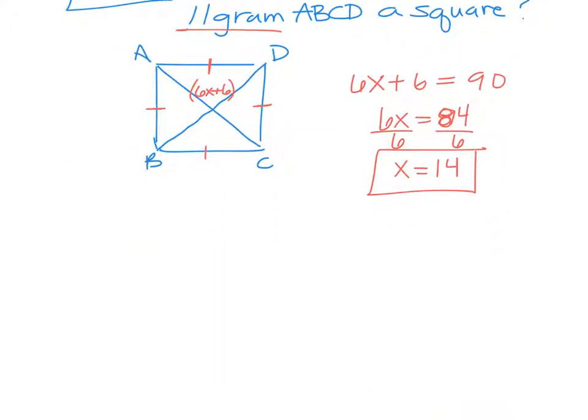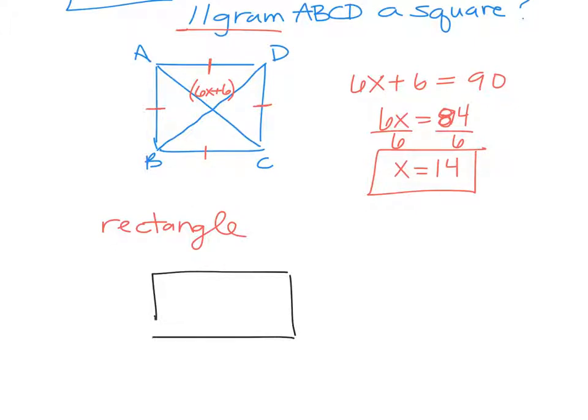We want this one to be a rectangle. And here's the picture we have. Sorry for the squiggly lines. So you have 5y plus 3 and 7y minus 5.